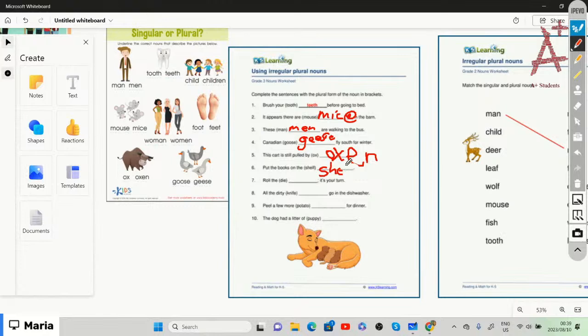And then we have shelves. And then we have roll the die. Roll the die, it's your turn. Dice.